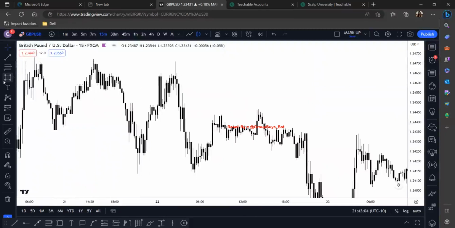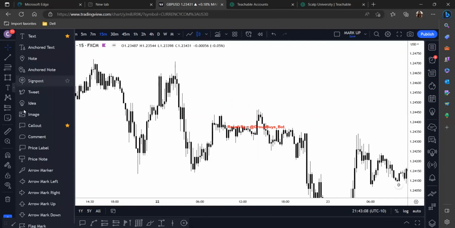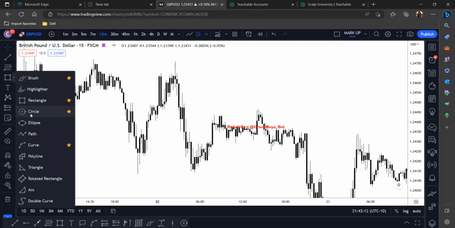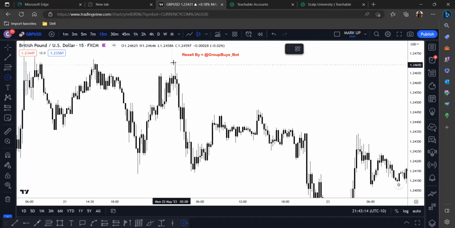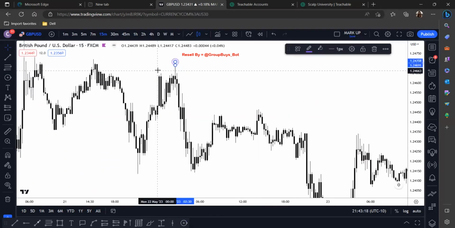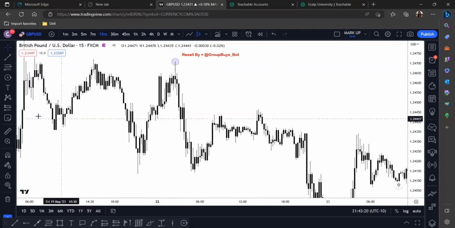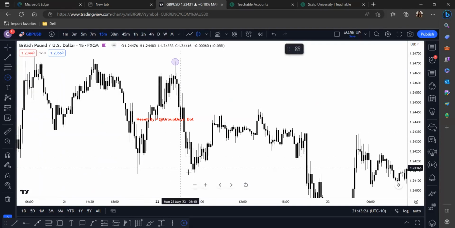Okay, so we have our high here. We'll use a circle for this one because it looks a little more clear. We have our high here, and we have our low here.